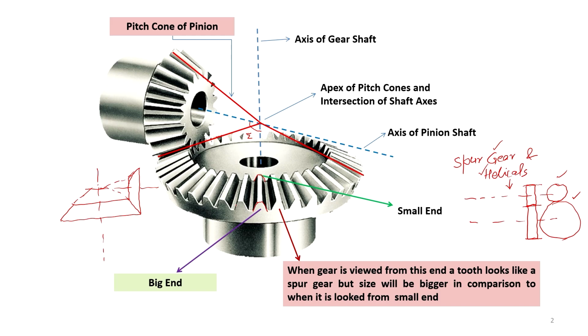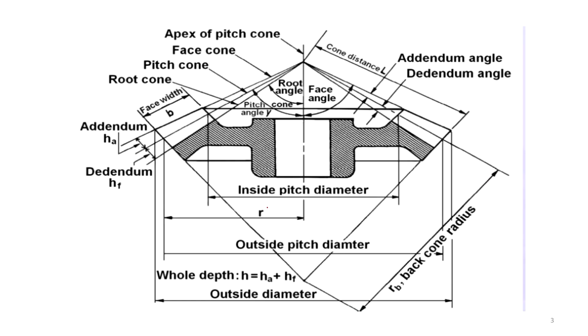So the top land of the bevel gear will not be just a rectangle as in the case of spur and helical gears. It will have a bigger length at the big end and a small thickness at the small end. This is how the top land of the bevel gear looks. So the bevel gear is defined from its big end. Let us see the other nomenclature.